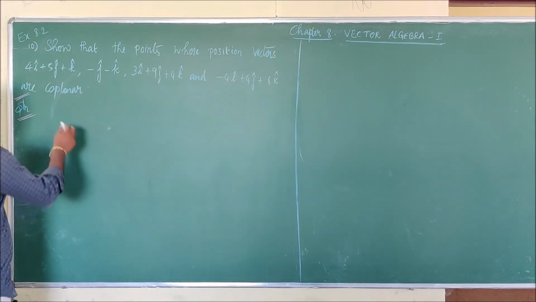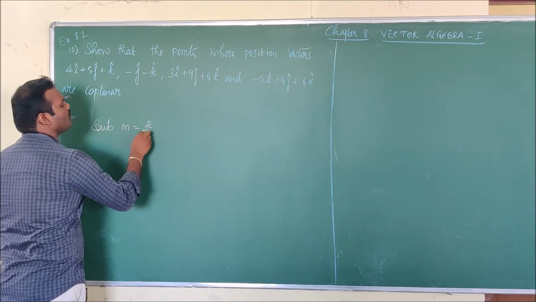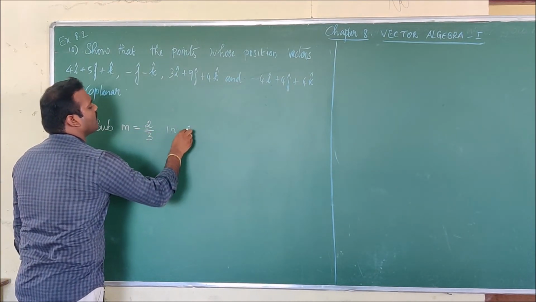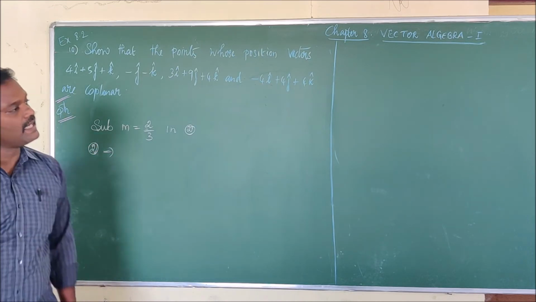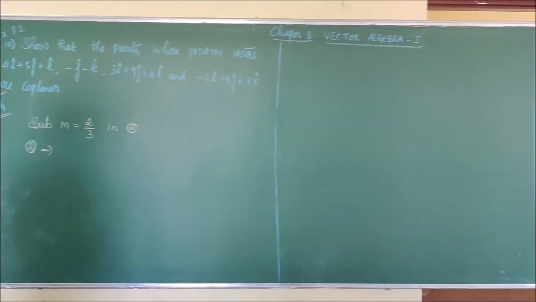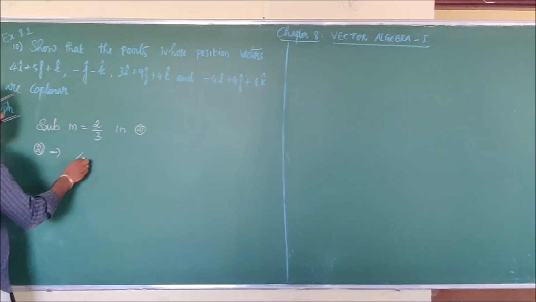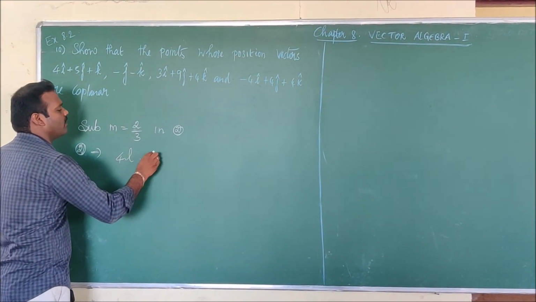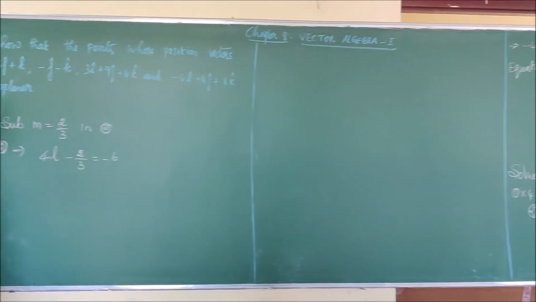So next, substitute M equal to 2 by 3 in equation number 2. The second equation is 4L minus M equal to minus 6. So 4L minus M, M is nothing but 2 by 3, which is equal to minus 6.